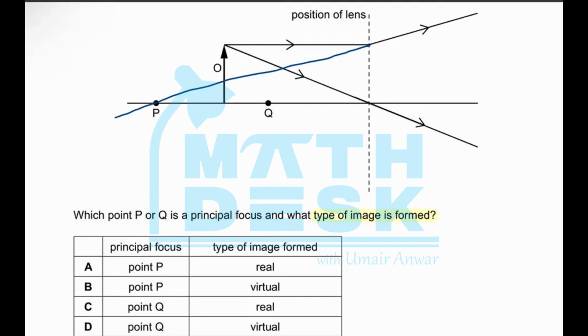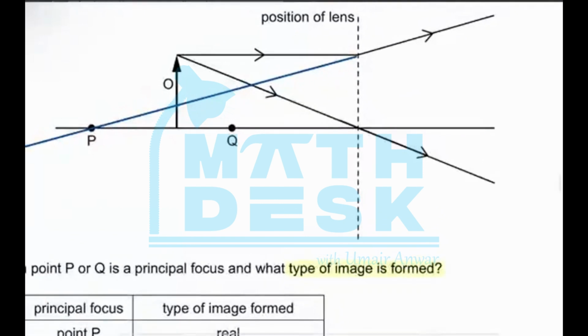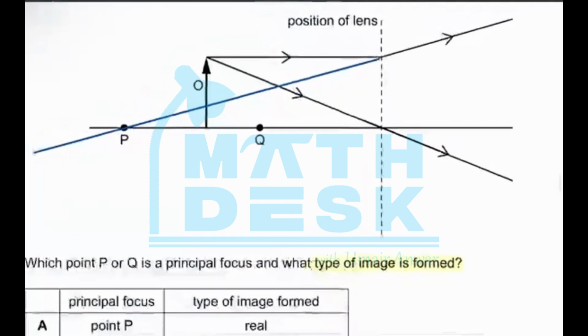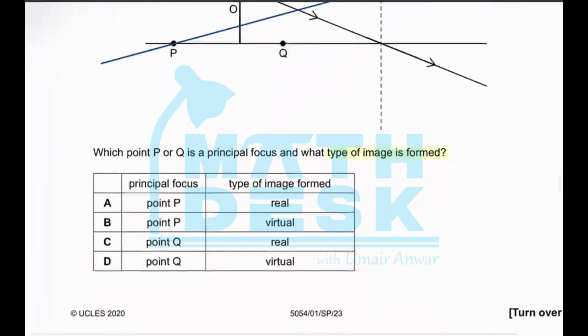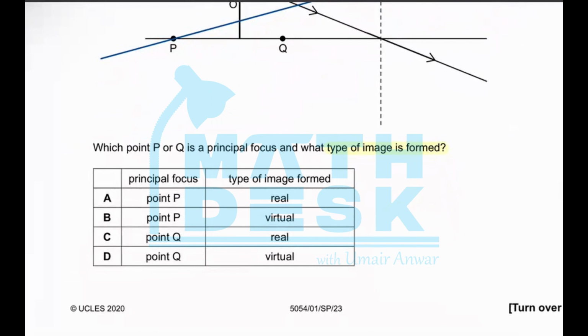And by extending it, we can see that the principal focus should be this point, which is point P. Because when we extend the refracted ray backward, it seems to be coming from a point which is the point of principal focus, and this is according to the refraction which takes place in the diverging lens. So from the given options, we can say that option B should be correct, that the principal focus is point P and the type of image formed is a virtual image.